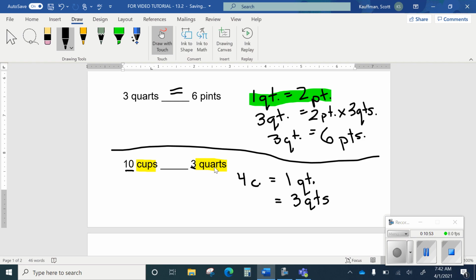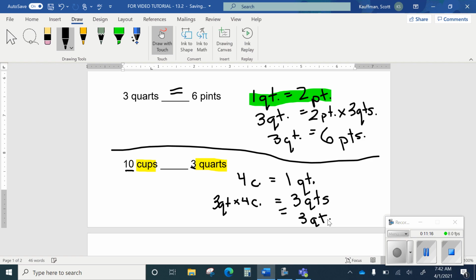Okay, so if I know that 1 quart is 4 cups, and I want to know how many cups 3 quarts is, I'm going to multiply 3 quarts times 4 cups because I want to figure out how many cups 3 quarts is.